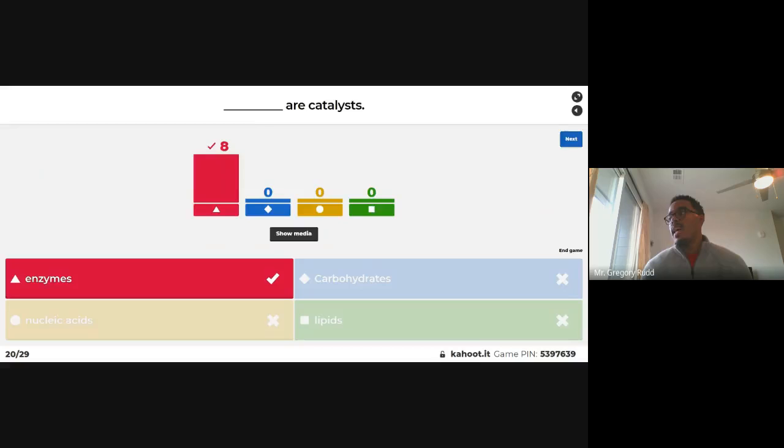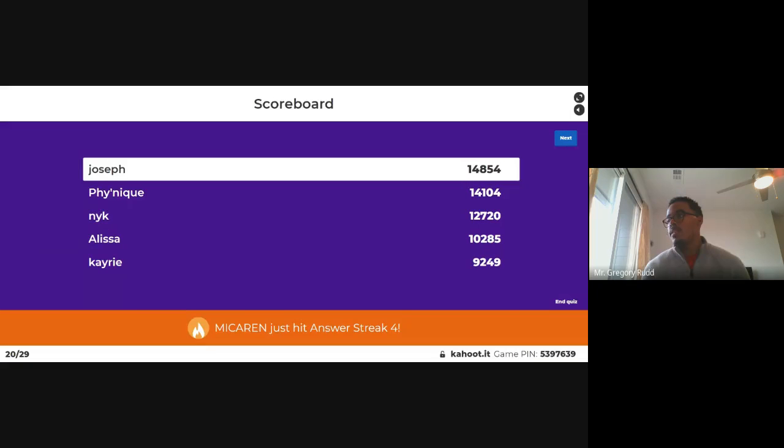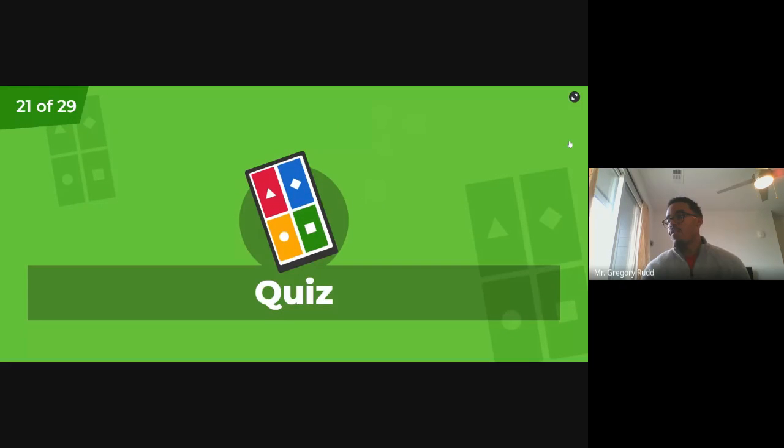Good. Enzymes are the catalysts. A catalyst is something that speeds things up. McCarran's got a streak of 4 going as well.